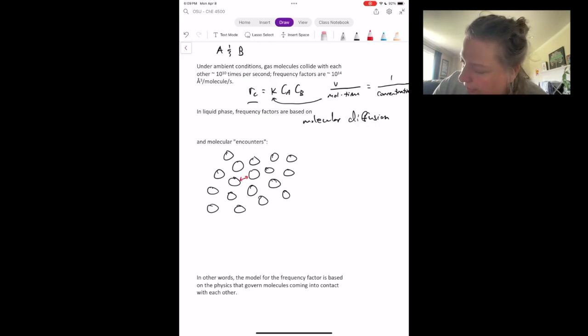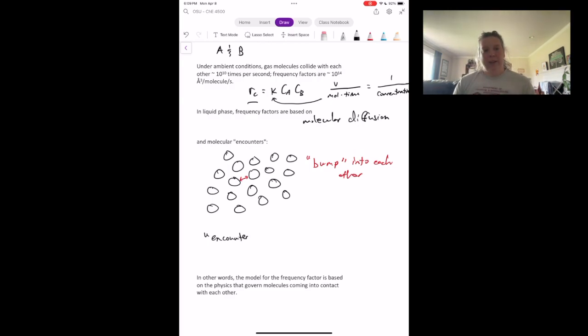When they bump into each other, it's called an encounter, or a molecular encounter. So when we develop the frequency factor for a liquid phase reaction, it has to do with the diffusion of the molecule and how often it is encountering molecules around it.